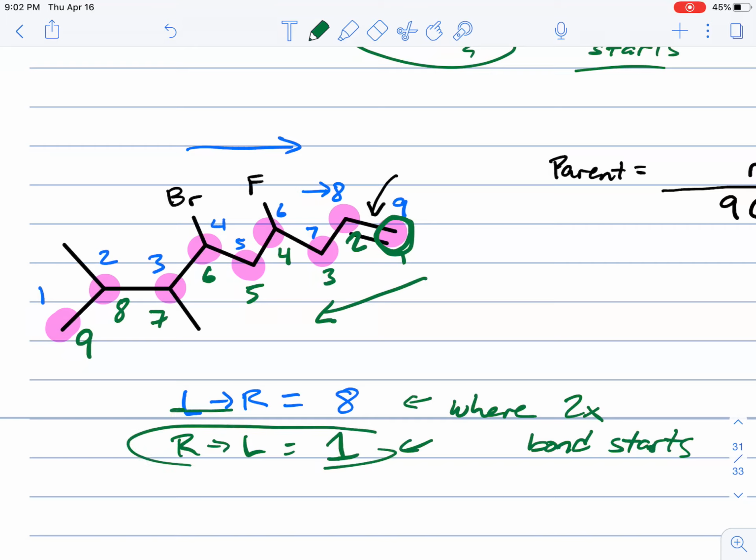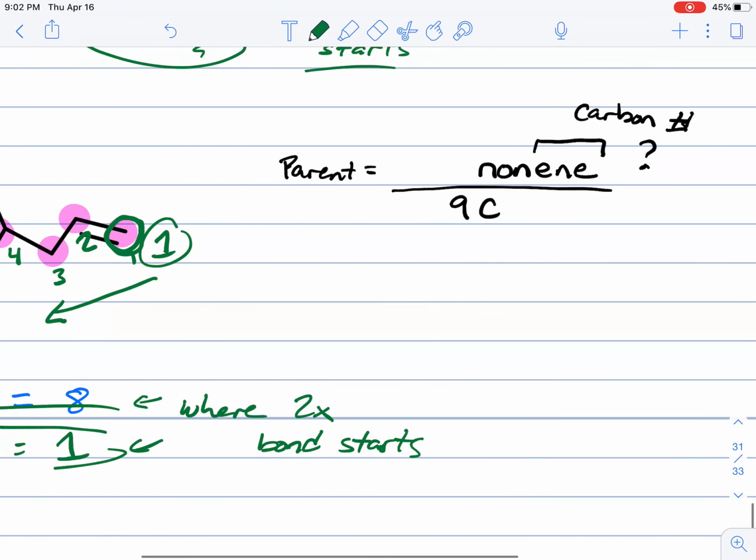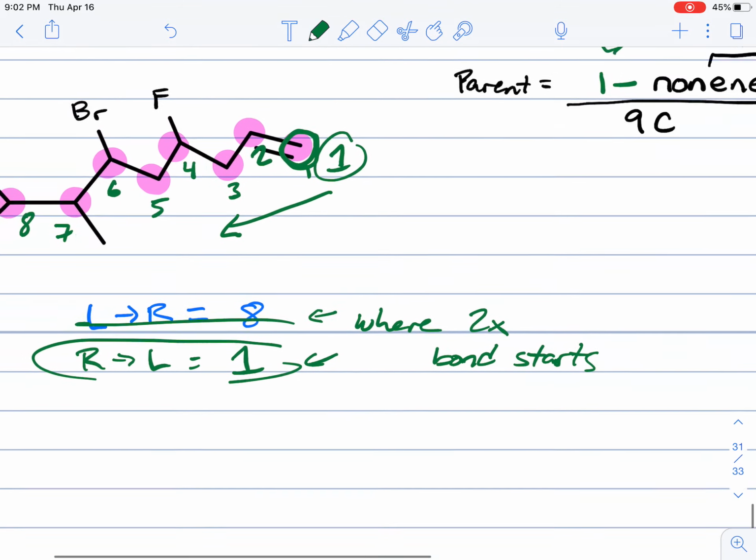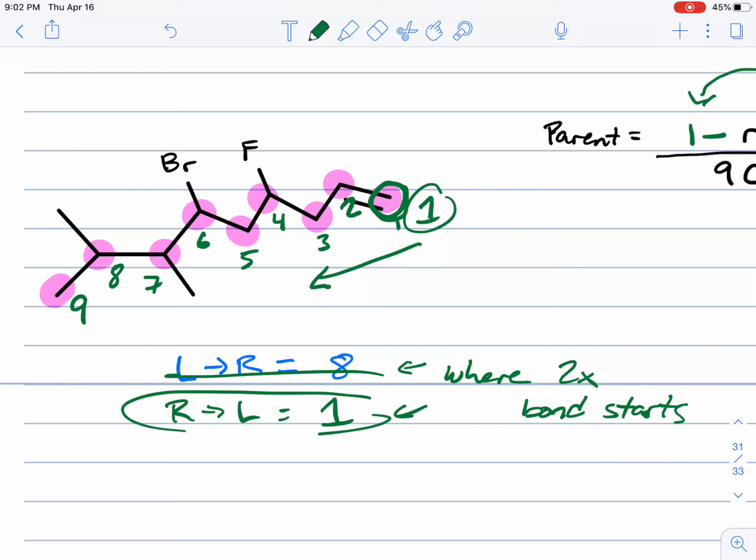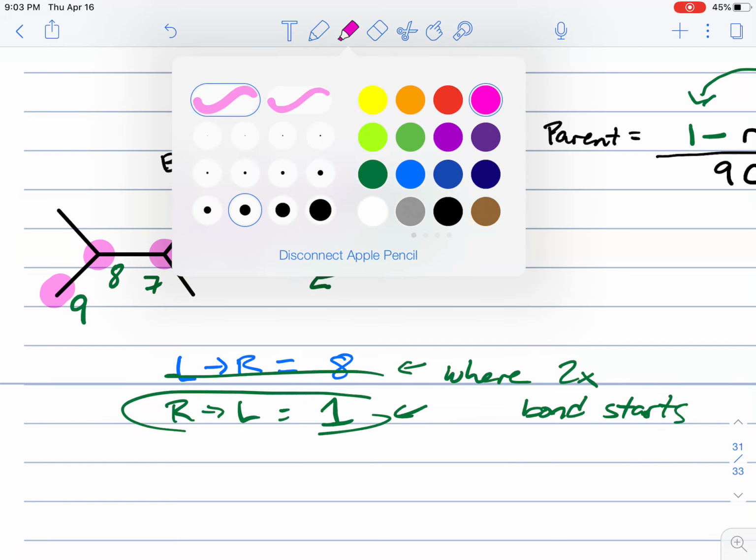And 1 is the least, so therefore the numbering system in blue is incorrect. So I'm just going to go ahead and erase everything that is blue. Okay. So this is telling me that this is carbon 1, and the double bond is found on carbon 1. Okay, so hopefully that makes sense. Let's go ahead and go through the rest of this molecule.